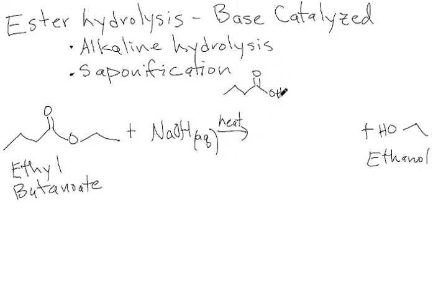However, butanoic acid is, after all, an acid. And because there is sodium hydroxide present in this reaction solution, it's going to react with the sodium hydroxide. So the carboxylic acid, the butanoic acid, will very quickly react with the sodium hydroxide and undergo a neutralization reaction.